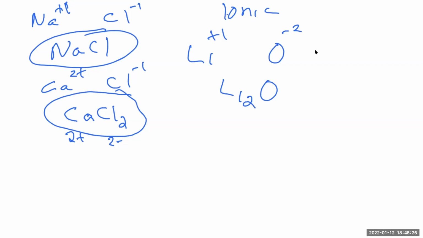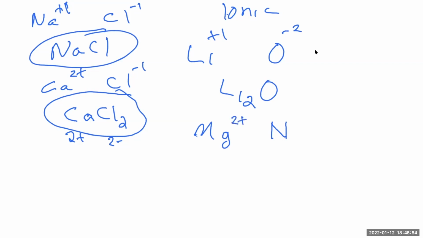There's one more thing I wanted to cover. There's a shortcut, an easy way to do it. Let's take magnesium and nitrogen. Last one. Magnesium is number 12. What's the charge of magnesium? +2.